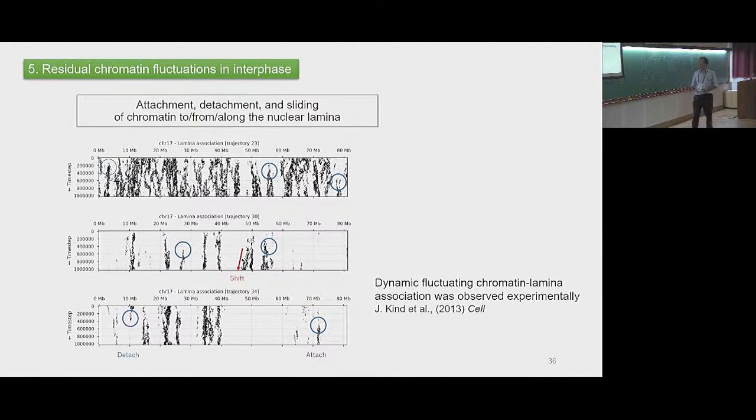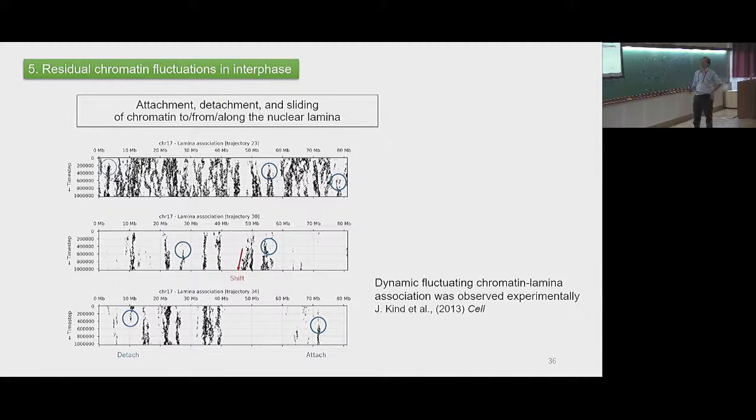And further, that heterogeneous movement, the driving force for the phase separation, remains after the system reaches the interface. So this is a plot where this is the sequence, this is the time steps, and the dots are plotted where this position in the sequence comes close to the lamina.